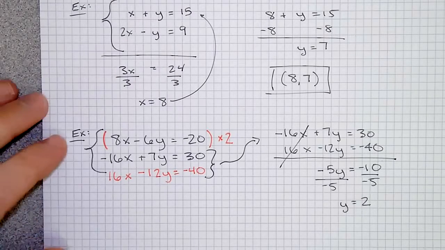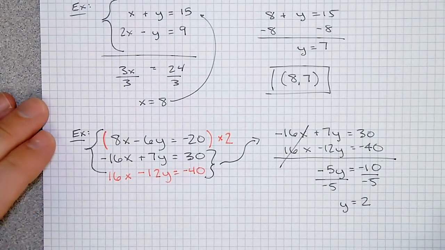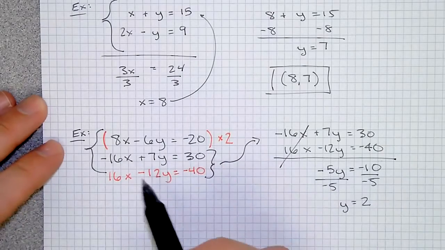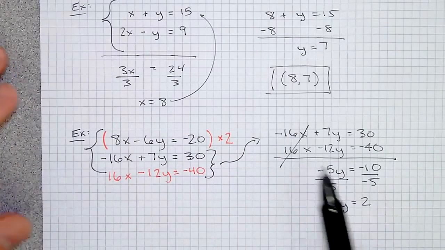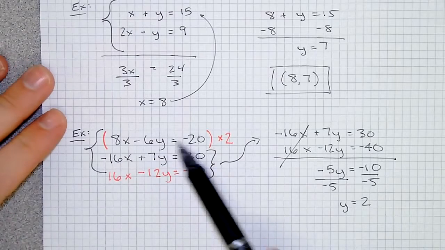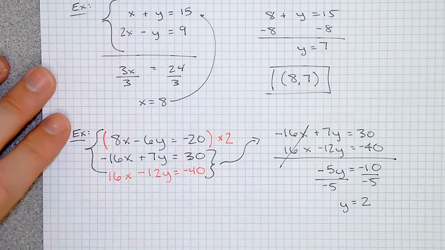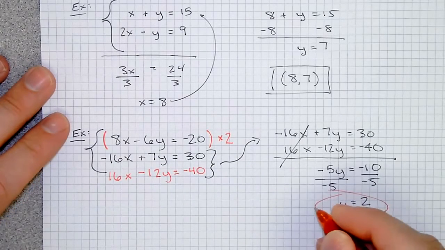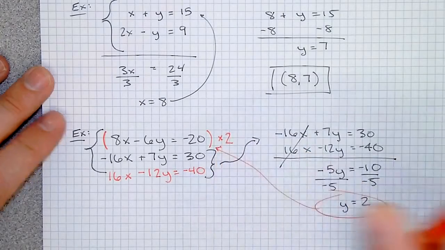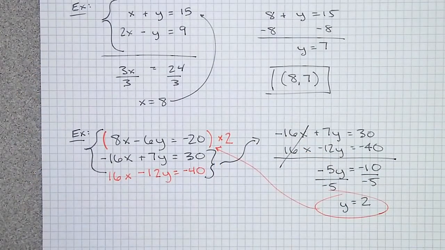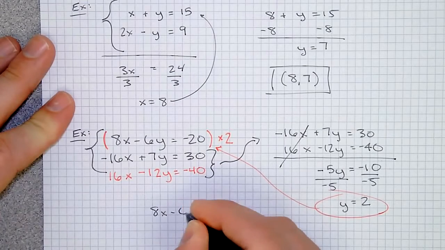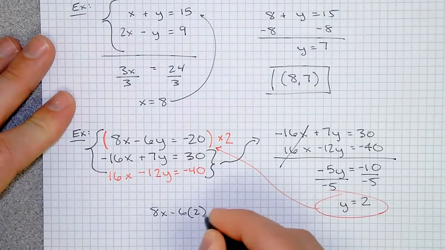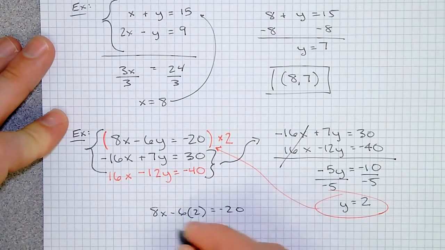Okay, all right, so we get a y value of 2. We can really plug it into any one of these three equations we have now. It shouldn't matter. I'm just going to plug it into the top one. So now I have 8x minus 6 times 2 equals negative 20.